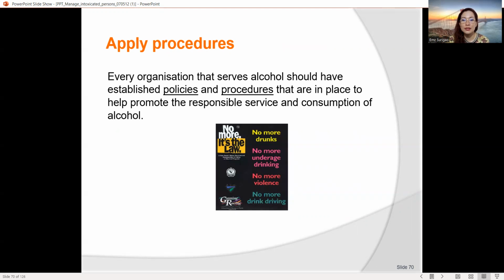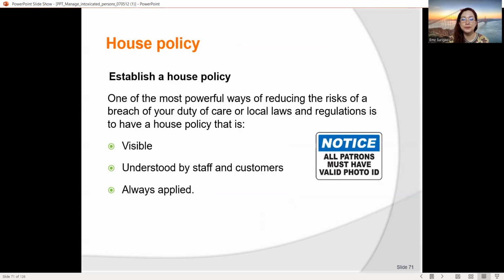So there should be policies and they should be discussed prior to the guests getting inside the premises, or the waiter will explain it properly before the order is taken. House policy.